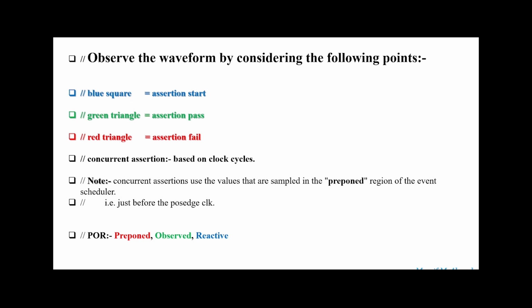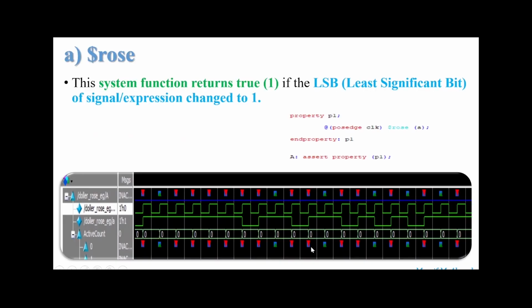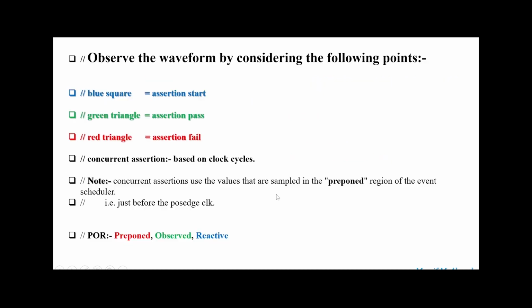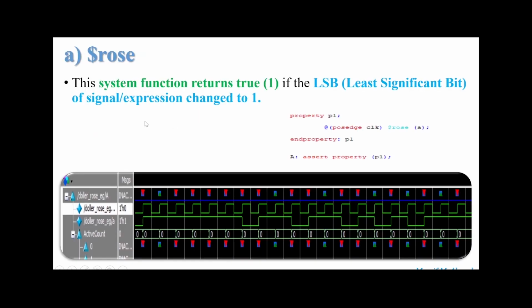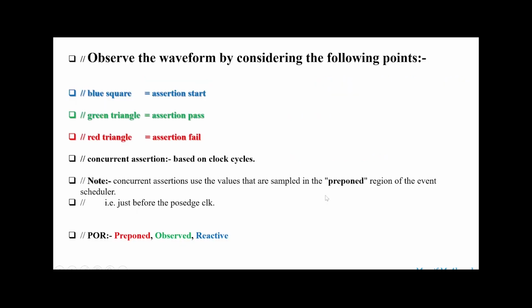This blue square in the waveform notifies the assertion start. A green triangle notifies the assertion pass, and a red triangle shows the assertion fails.